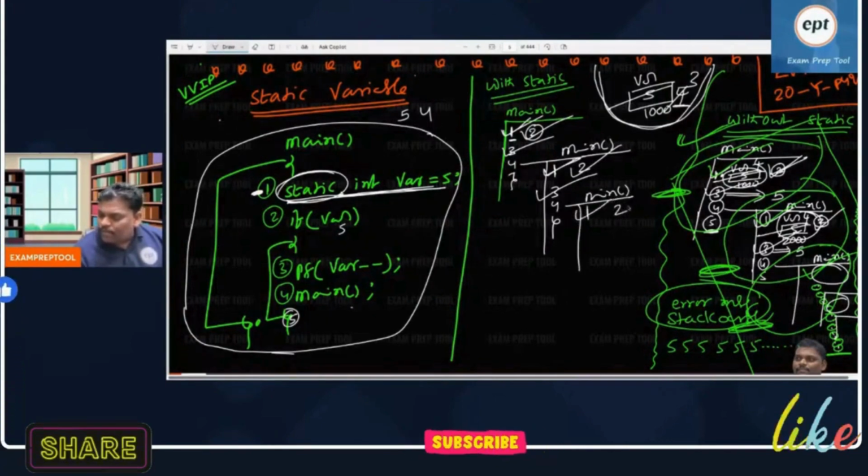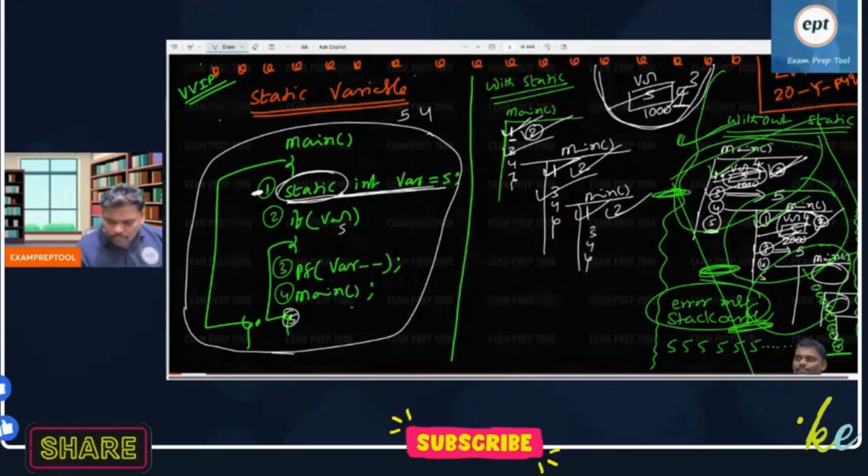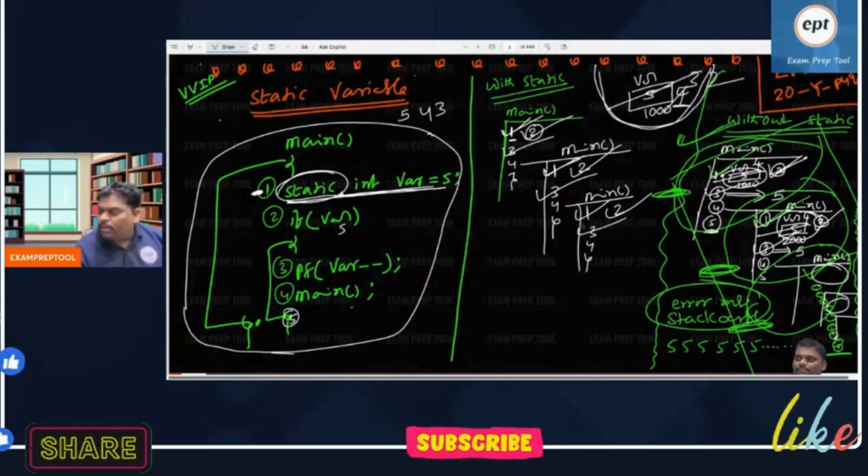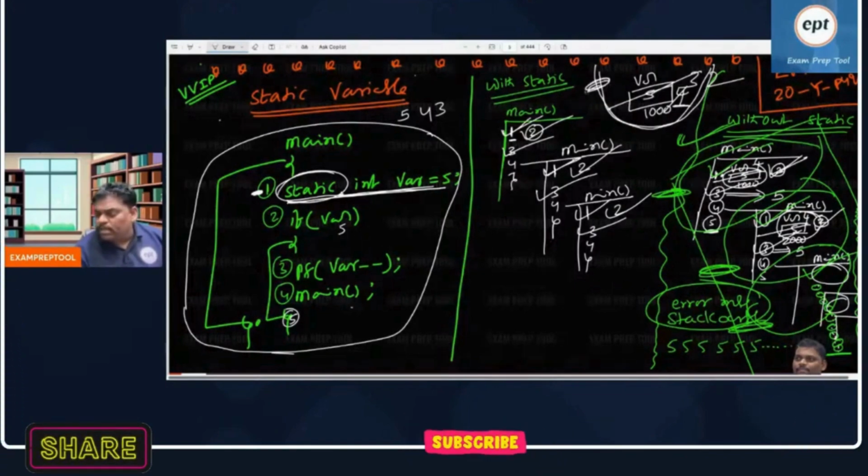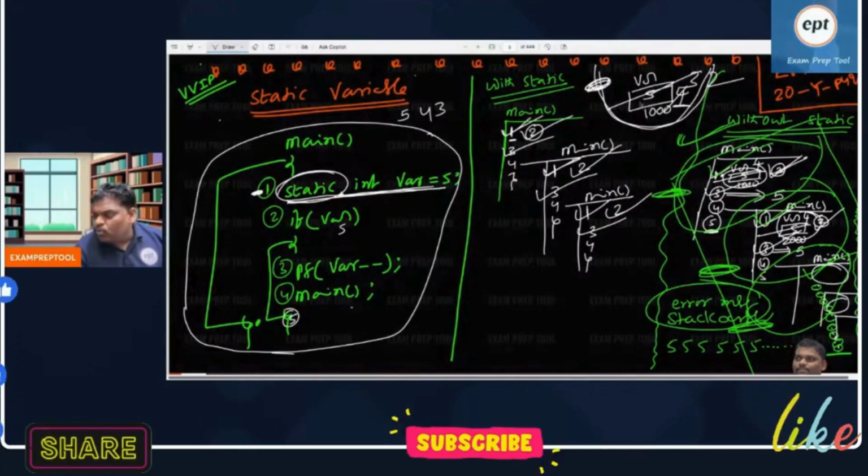Second line, where value 3, condition true. Printf where minus minus, 3 will be printed. Afterwards it became 2. So remember, static variable memory will be allocated only once, that is also at compile time, and initialized only once.